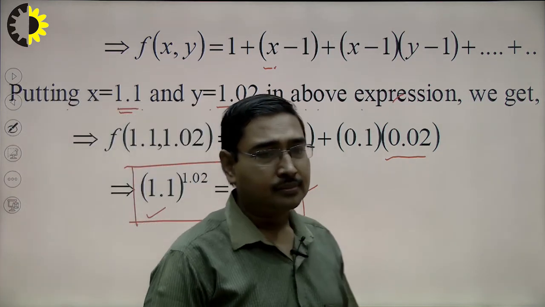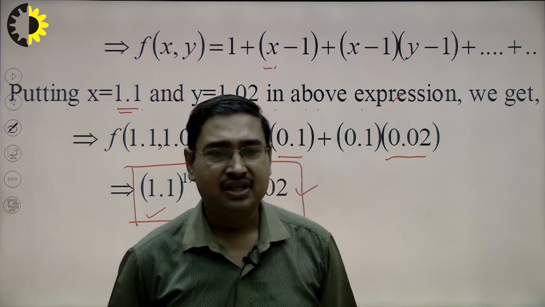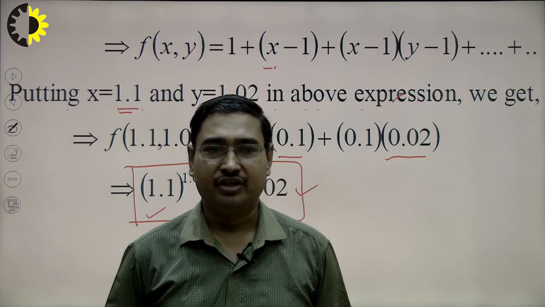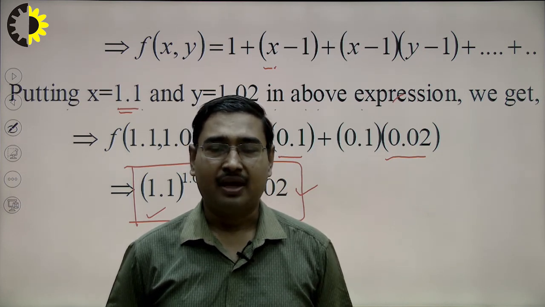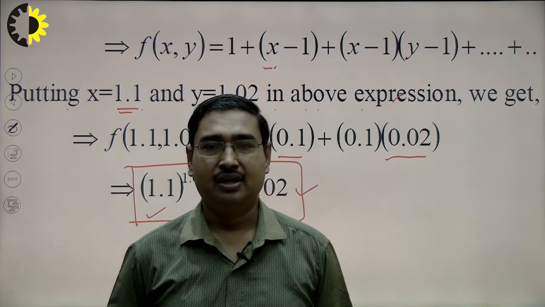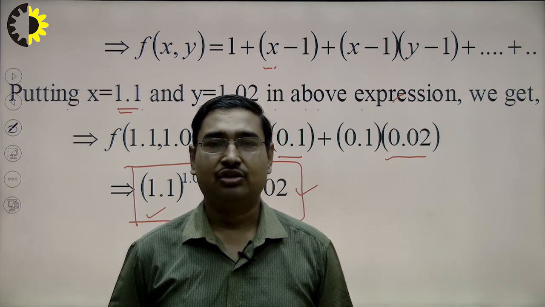Thus in this lecture, what we have understood is how to find Taylor's expansion of a function in powers of x minus a and y minus b. For this we have taken an example, and through the example we understood the process of expansion of a function.